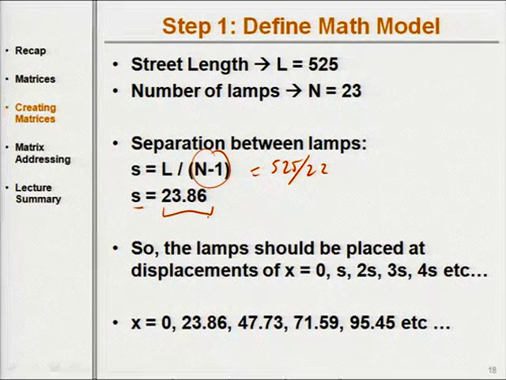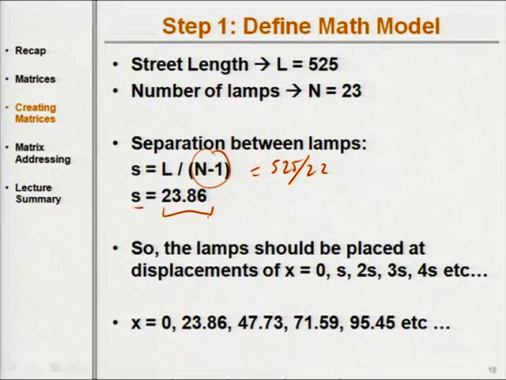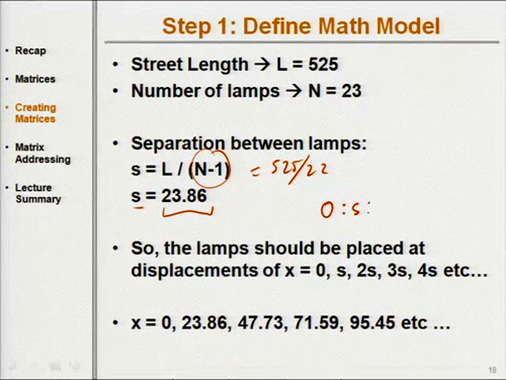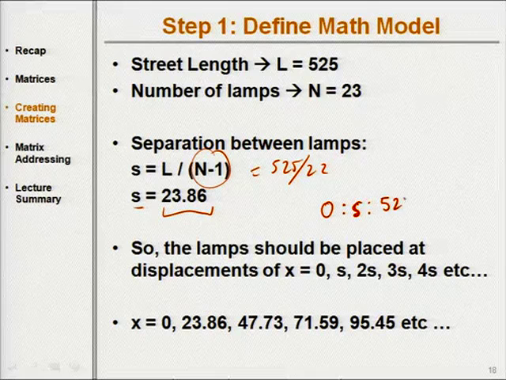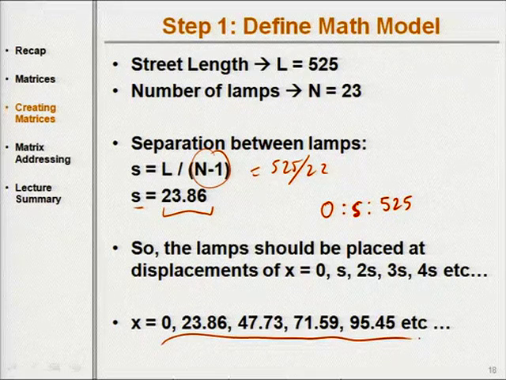So now you can create the vector that will contain the distances at which the street lamps have to be set apart. So you will go from 0, in steps of s, up to 525. And that will give you something like this.